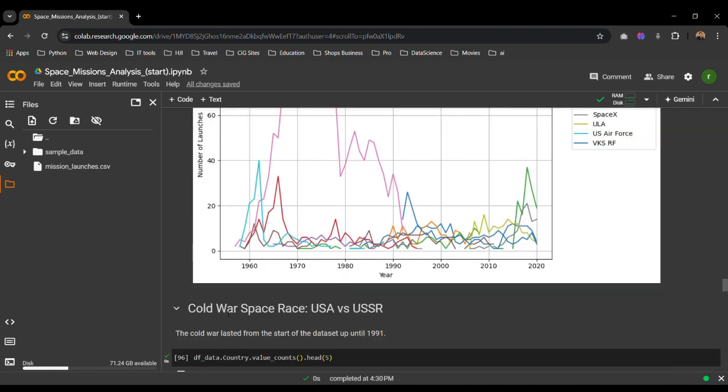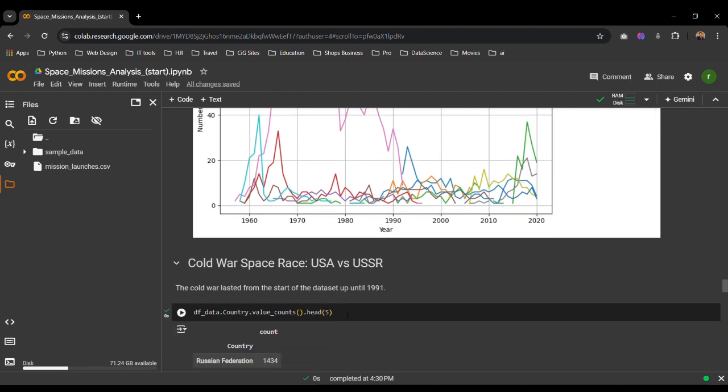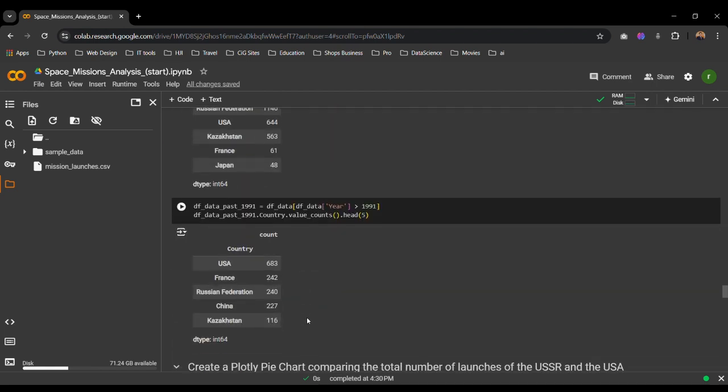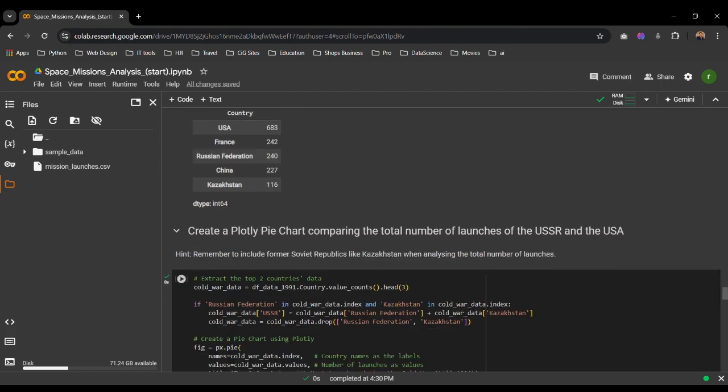And then let's check, guys, the Cold War space race. USA versus USSR. We added Kazakhstan to the USSR.